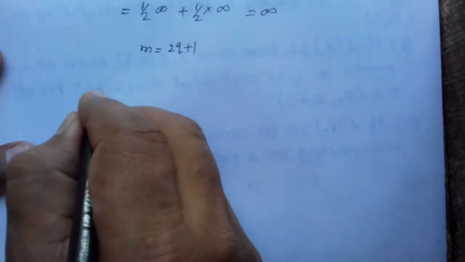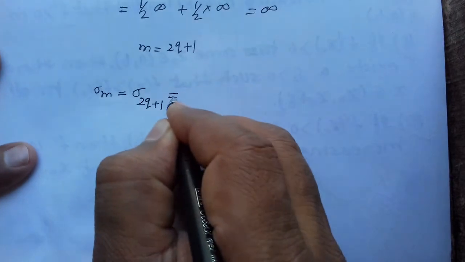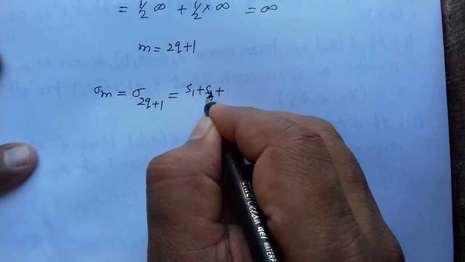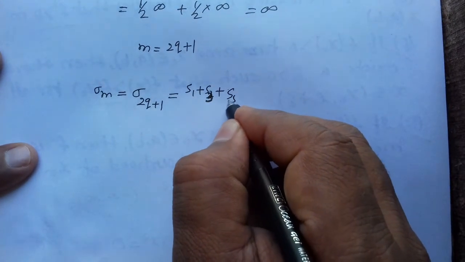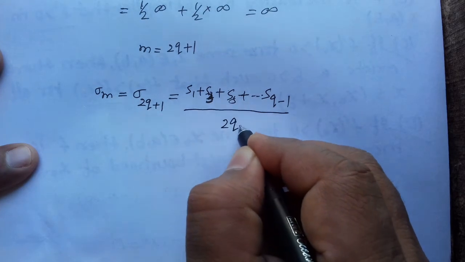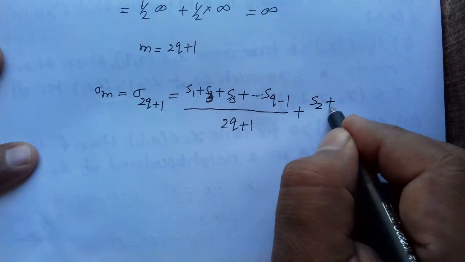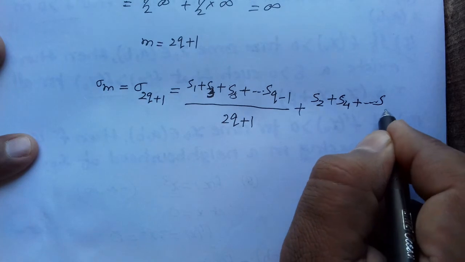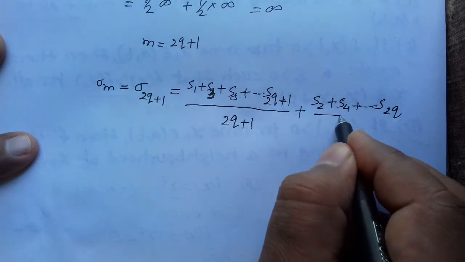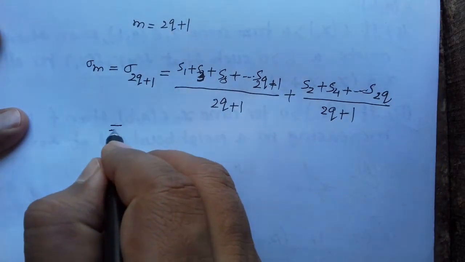Now case number 2 is where m equals 2q plus 1. In this case rho m is (s1 plus s3 plus s5 plus ... plus s(2q plus 1)) over 2q plus 1, the odd ones, plus, now write the even terms, (s2 plus s4 plus ... plus s2q) over 2q plus 1. Now this can be modified.